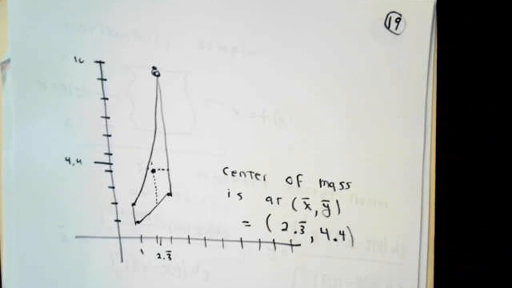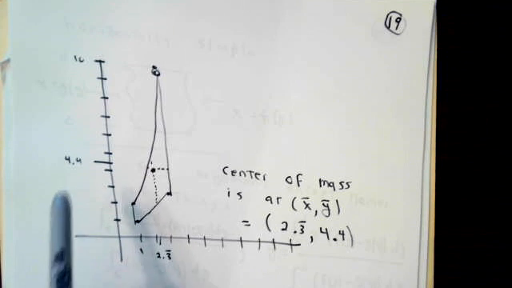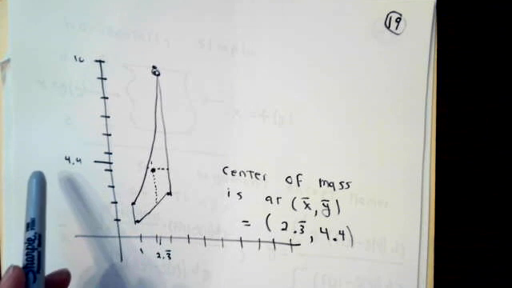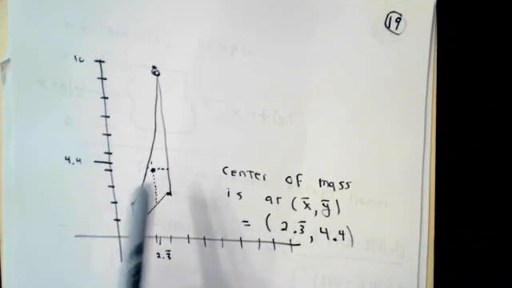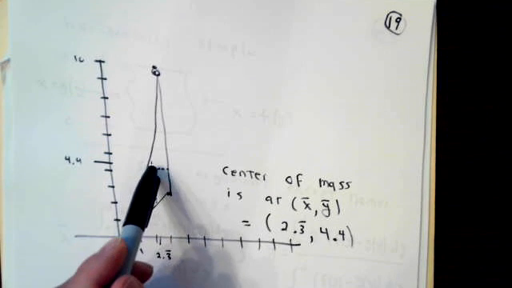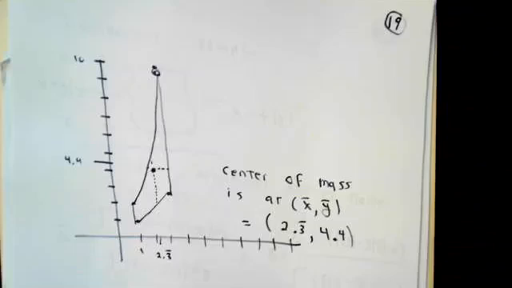Unlike my previous pictures, which were just drawn to give me an idea of what's going on, I made some effort to draw this one to scale. When x is 2.3 repeating, I'm on the vertical dotted line. When y is 4.4, I'm on this horizontal line. The center of mass is right there.